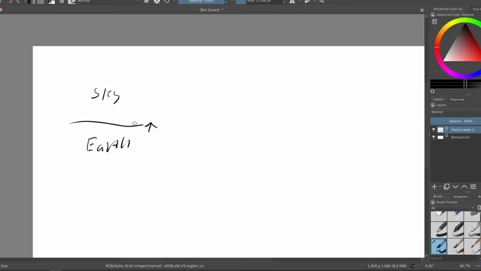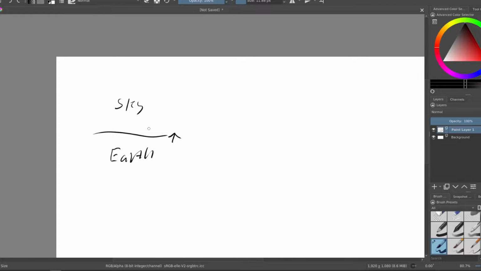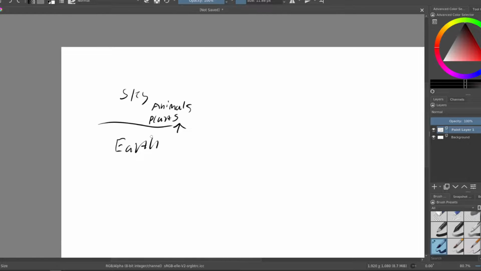And the things you have above the earth are usually plants down here and animals. So a combination of these things are used in vaguely earth materials.